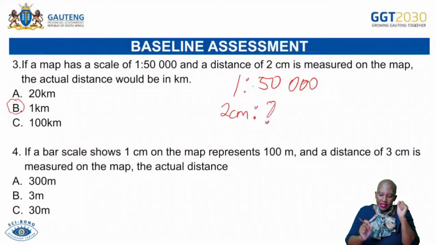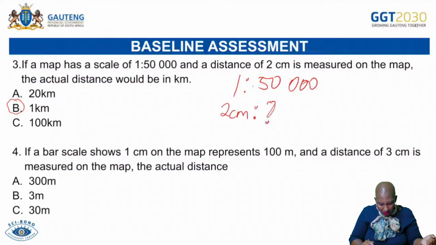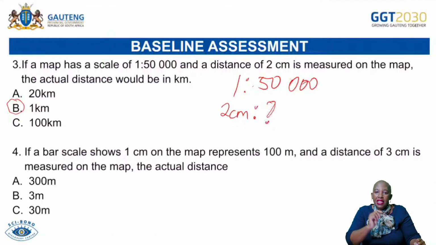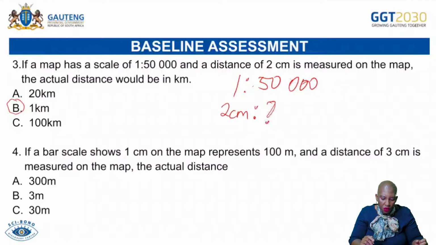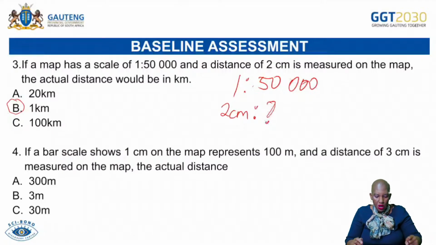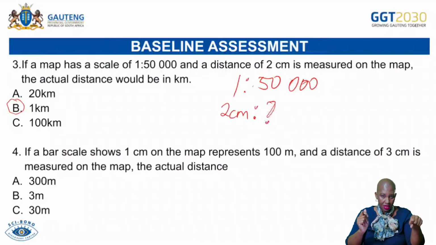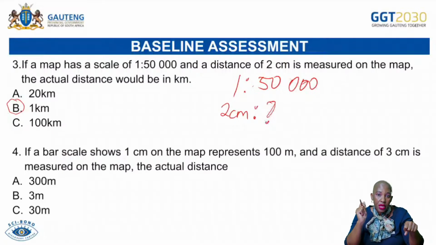A distance of 3 centimeters is measured now, and the actual distance will be equal to how many meters? 1 centimeter on the map represents 100 meters in reality. Then 3 centimeters on the map will represent how many meters in reality? Let me just keep quiet for a second and see who's got the answer correct.